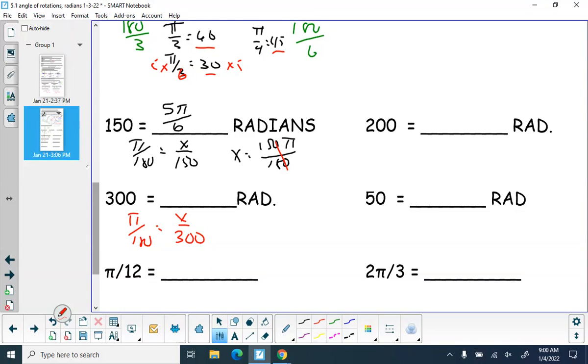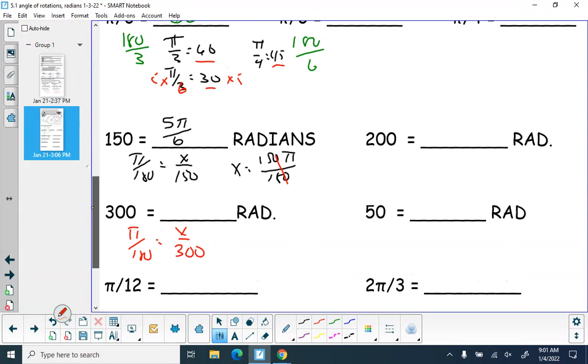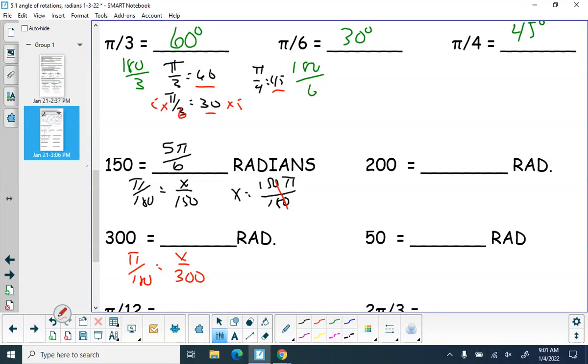Or I can look at which one of these I can multiply by a value. What can I multiply by a value to get my value of 300? And once again, this is going through the idea of mental math and not depending on the calculator as much.